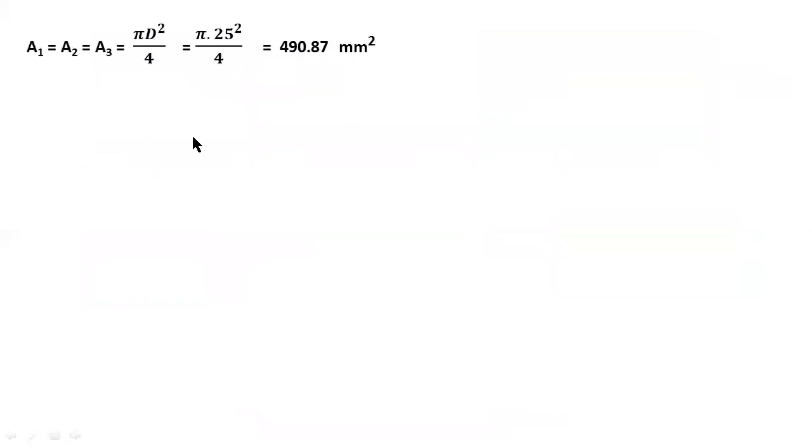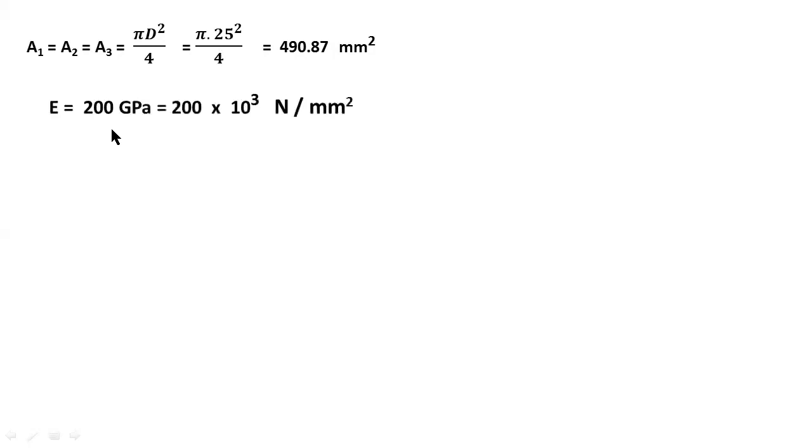So these are the areas. Here the bar has a uniform cross section, so the area for section 1, section 2, section 3 are all equal. A1 equals A2 equals A3 equals pi by 4 d square equals 490.887 mm square. Here d is the diameter of the bar.